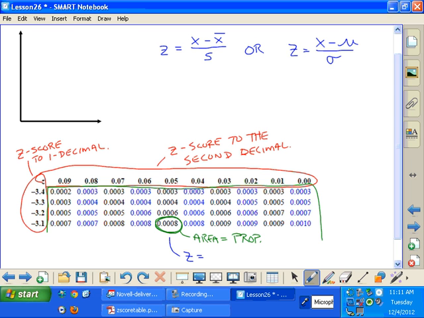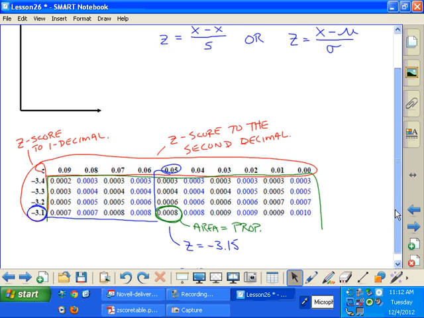Looking over here at the first column, I would have negative 3.1 as my Z-score. And as I move across to get the exact value, this would become the second value, so negative 3.15. So the Z-score links us to an area, and that area corresponds to a particular probability.